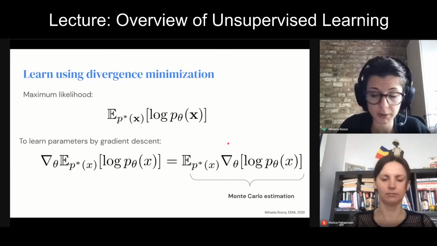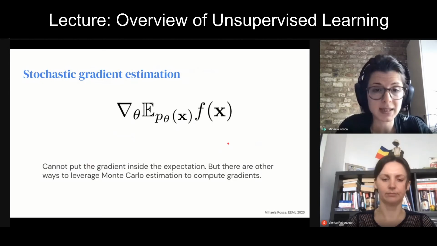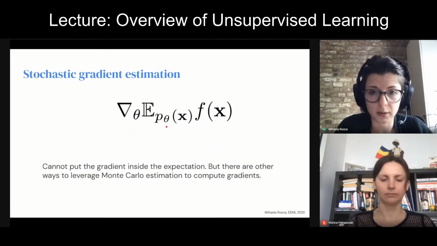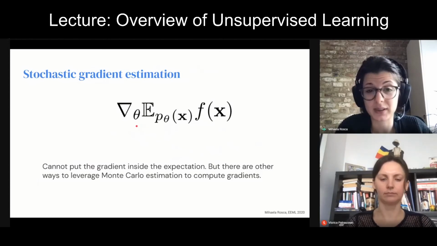So this is all good, and this is what we do in practice all the time. But sometimes things are a bit more messy. So we have sometimes the gradient with respect to theta, so our distributional parameters, of an expectation with respect to the model itself of a particular function. Now we cannot put this gradient inside the integral easily anymore.